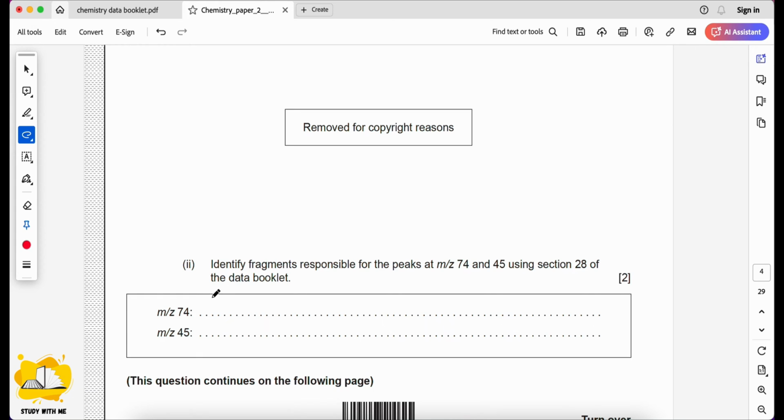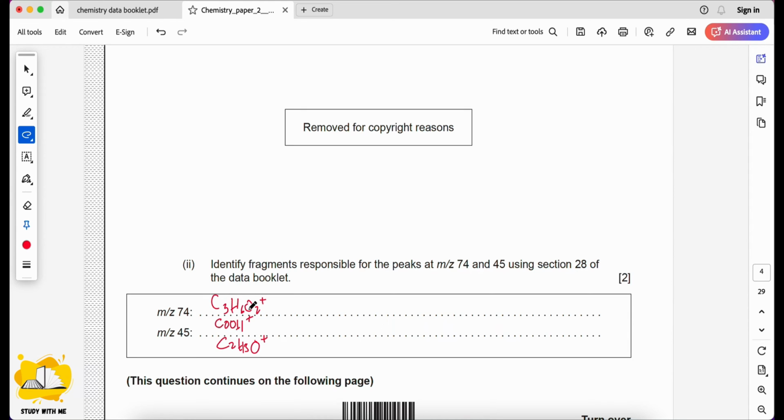So I look at the IB markscheme. The m/z 74 is C3H6O2 plus, and for 45 it will be COOH plus or C2H5O plus.